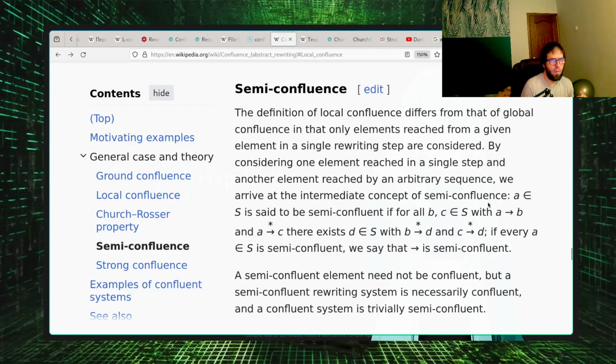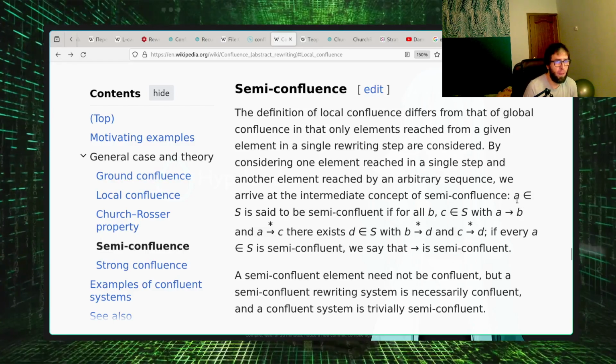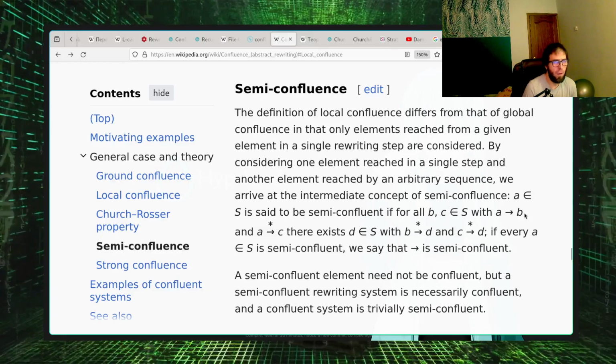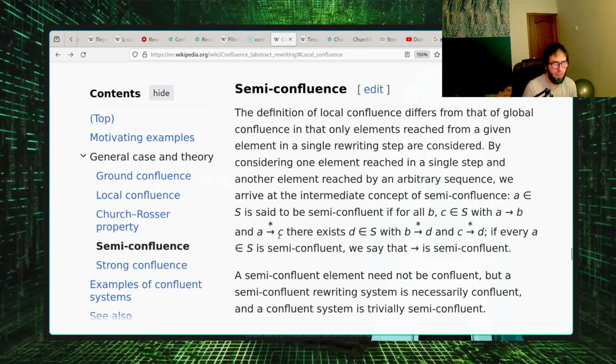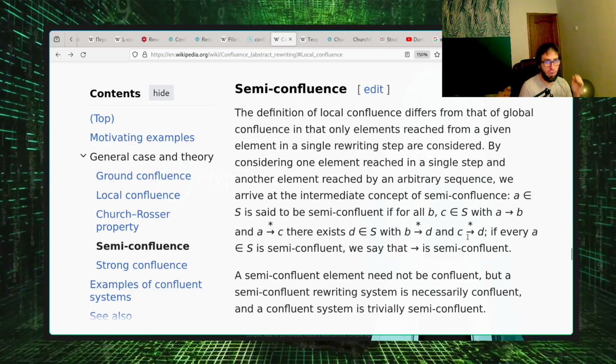If we pick some point in our system, or some term, and for this point we have some arrow from A to B and A star to C, then from these two relations must follow that there exists D, which can be achieved from B with arrow star and from C with arrow star.